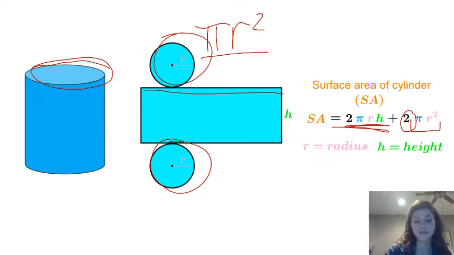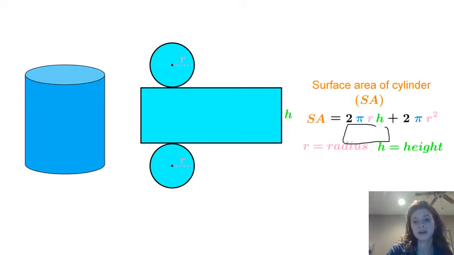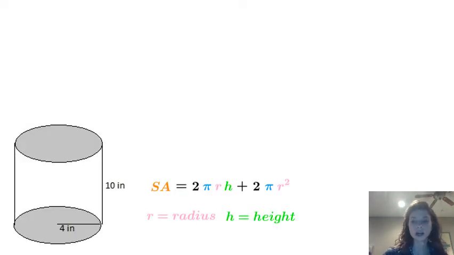Basically, you can think that this first part finds the area of the rectangle, and this last part over here finds the area of the two circles. And again, we're just going to plug into it and use it to help us. Next year, I'll probably go deeper into where the formula comes from, but that's quickly what's happening in the formula. Today, we're going to be using 3.14 for pi.